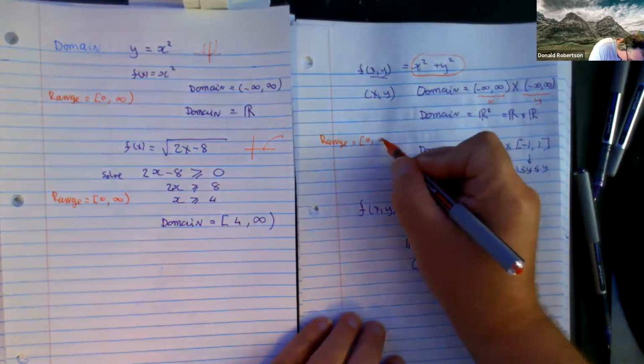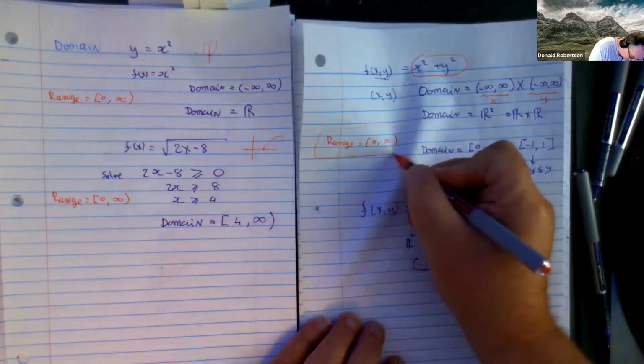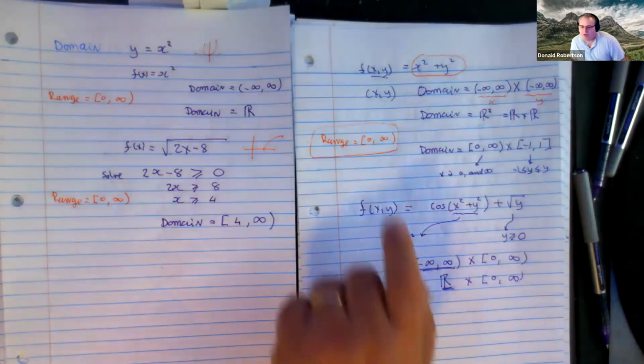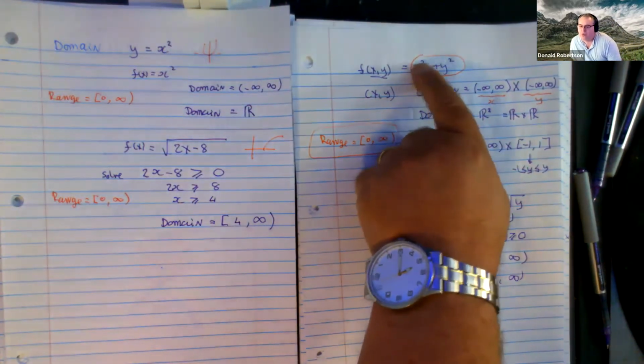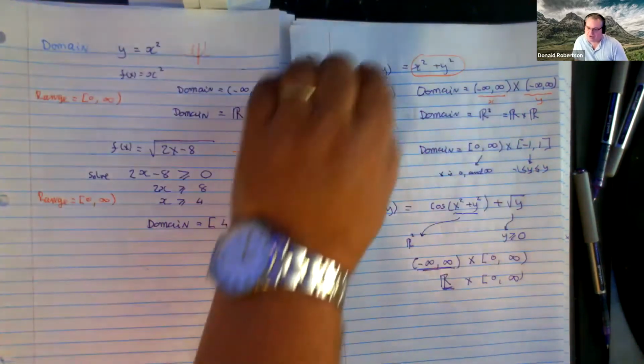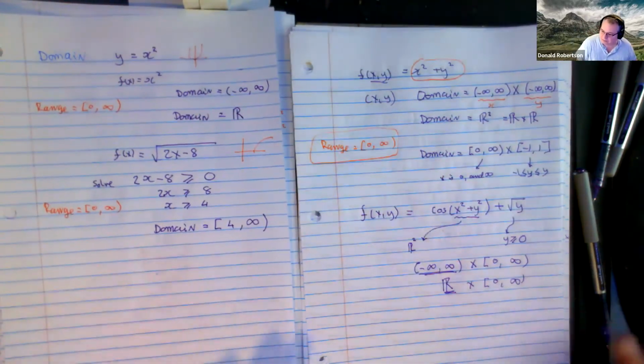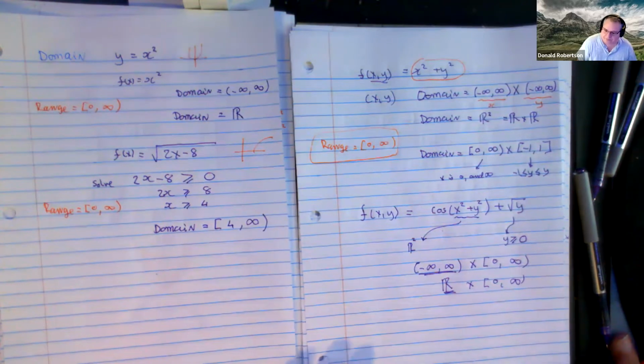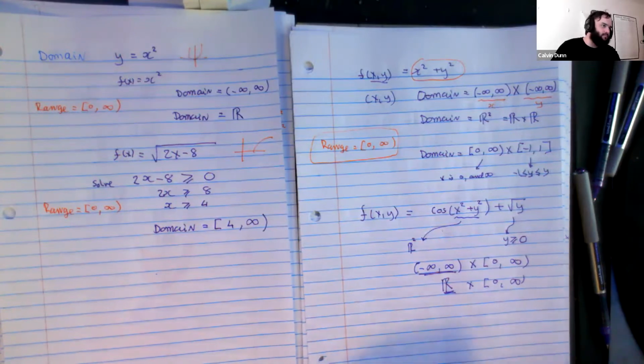So do you notice that the range doesn't have that cross thing going on? Because the range is essentially what the entire expression could be equal to, right? Are we good? Right.